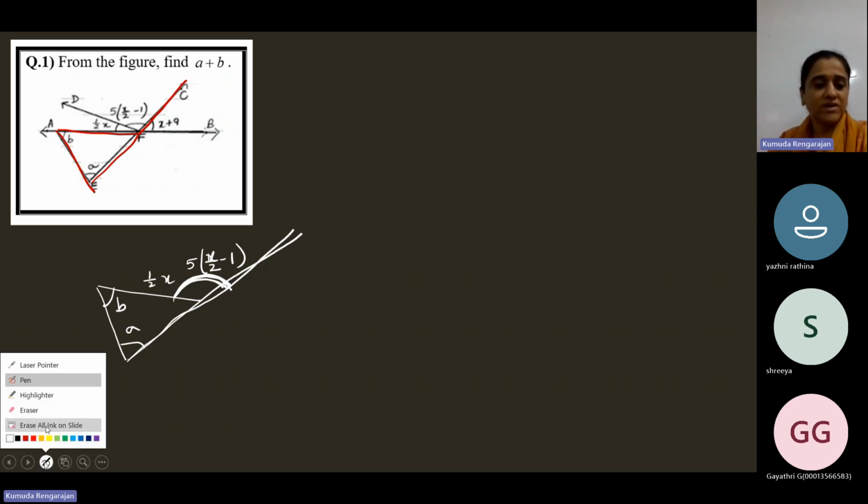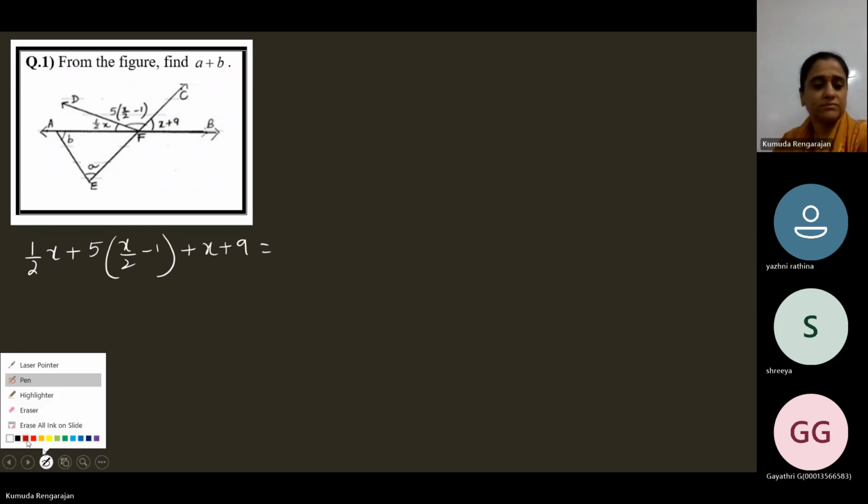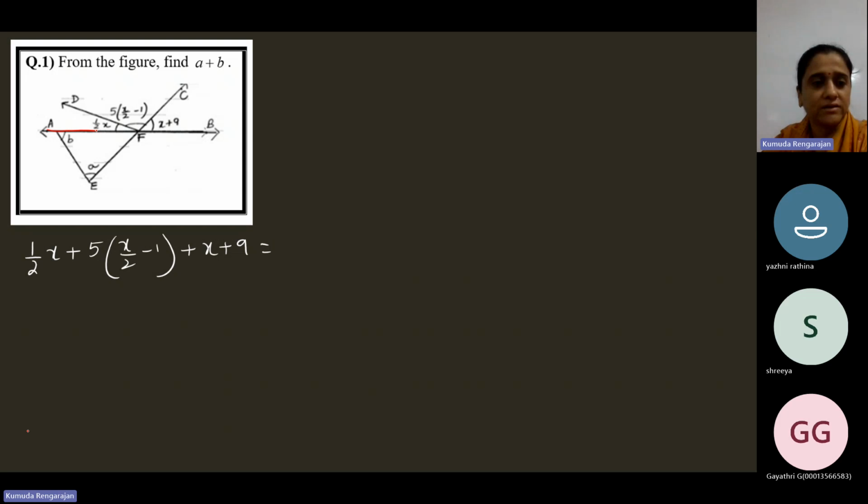Okay, so see here, we start like this. Half x plus 5 into x by 2 minus 1 plus x plus 9 is equal to what? See, this is a straight line.